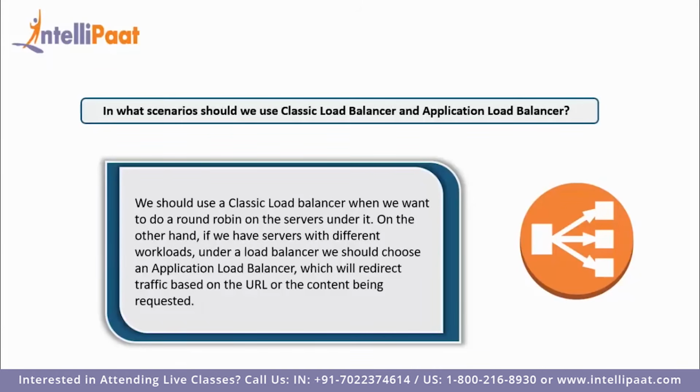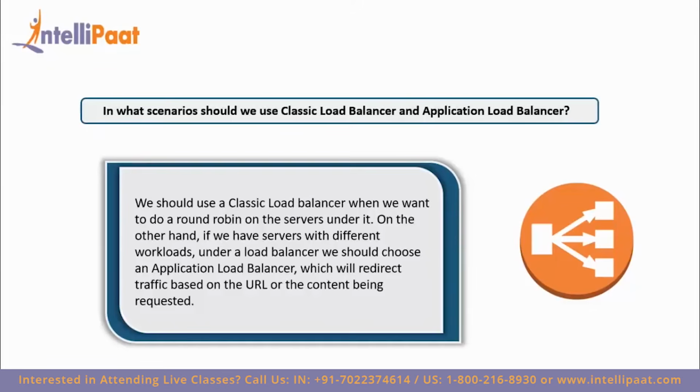For example, you can say that you have a website which deals in image processing and video processing. So it might go to intellipaat.com/images or /videos. If the path is /images, the application load balancer will directly route the traffic to only the image servers, right? And if the path is /videos, the application load balancer will automatically route the traffic to the video servers.